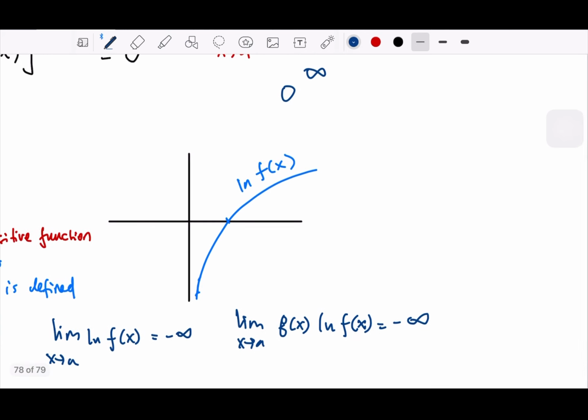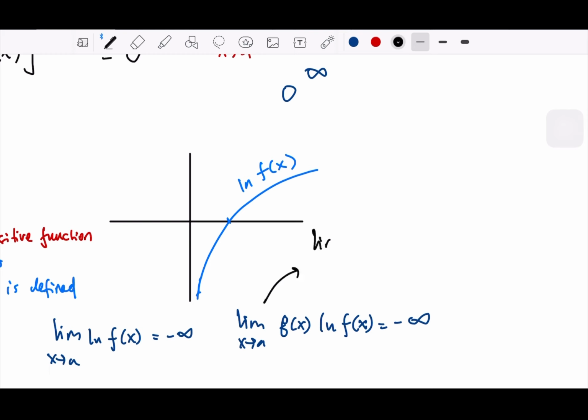Because we can convert this into e to the power of this. So we take the limit inside. Okay. Now what is happening when this is negative infinity?